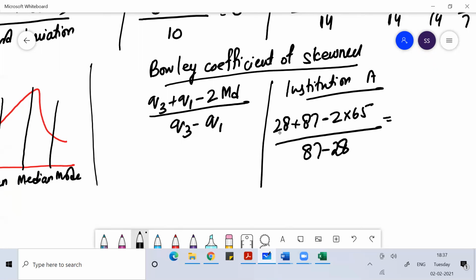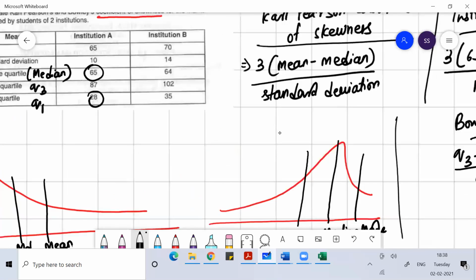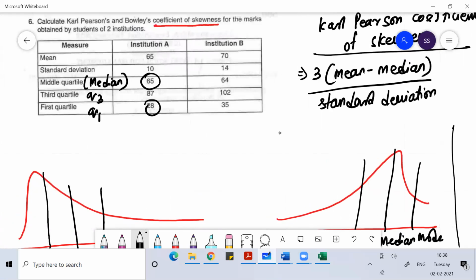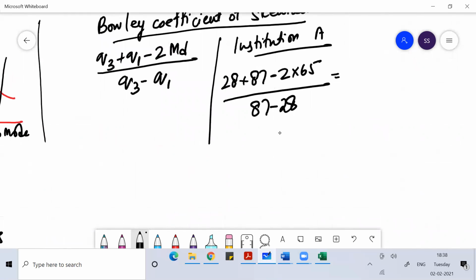Let me just reconfirm the data. Q1 is 28, Q3 is 87, and median is 65. So you just need to calculate this.